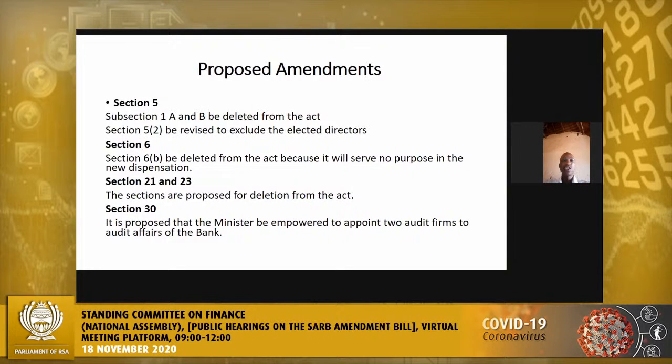Section 6 serves no purpose in the new dispensation. So it is with section 21, section 30 and section 23. It is proposed that the minister be empowered to appoint audit firms, and not the board of directors.